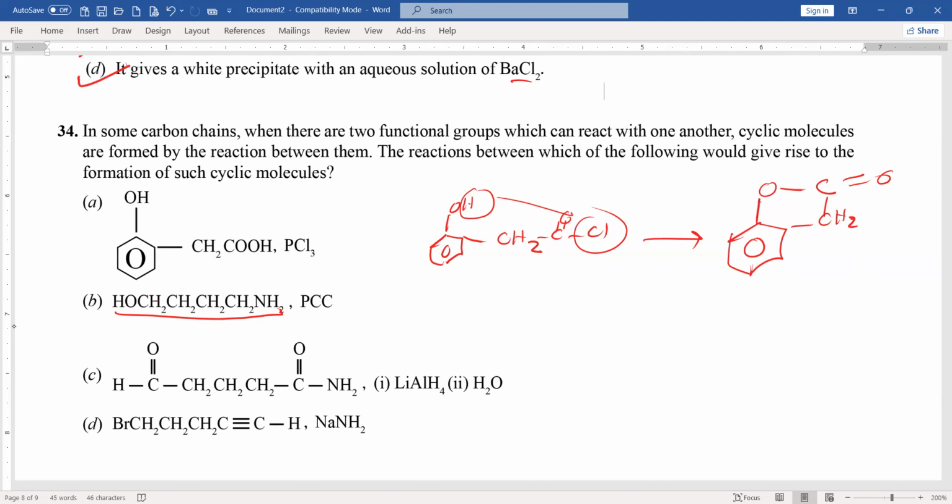When we add PCC, this becomes CHO, CH2, CH2, CH2, CH2, NH2. This NH2 will react with the oxygen here, forming a new cyclic compound like this.